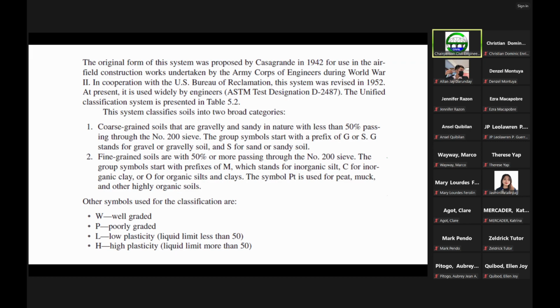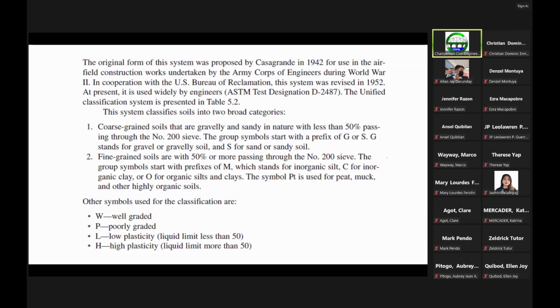We also have the ASTM standards for this soil classification. That's the American Society for Testing Materials, ASTM D2487. So you can try to research on this if you like, and you have there the specific guide for this classification system.